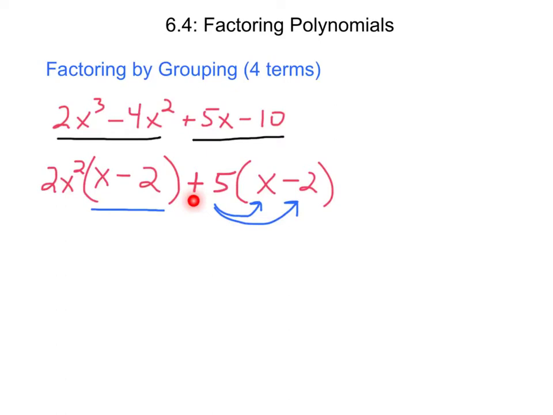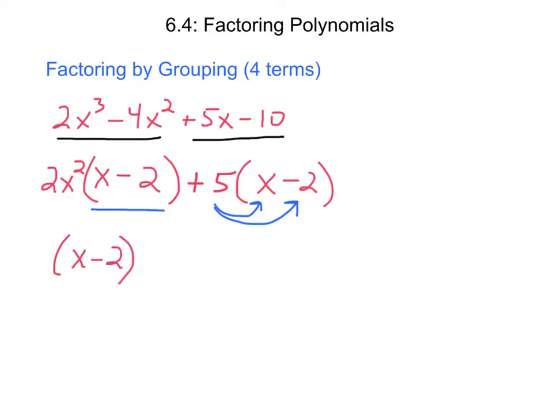Now once you've done that, you now want to consider this to be 2 big terms. This whole thing here is one big term, and this whole thing at the end is another big term. And what do they have in common? They both have in common the x minus 2. So the x minus 2 that's in parentheses in both of them becomes a common factor, and you can pull that out of both of those 2 big terms.